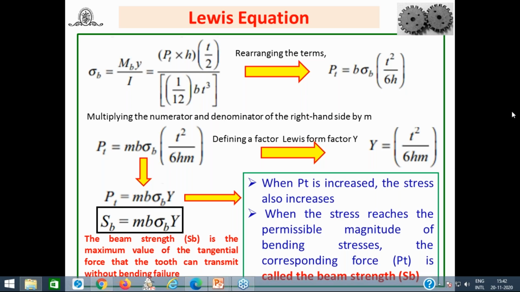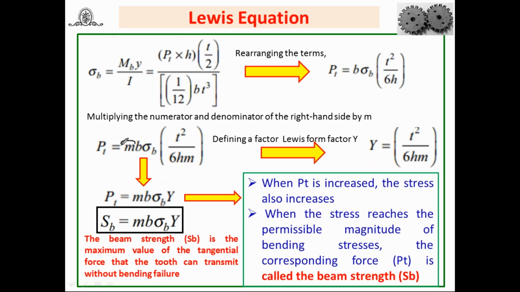PT is equal to b m sigma B in bracket t square upon 6hm. What we did here is multiply by m here, and here also it is multiplied. That means multiplied by m to the numerator and denominator. If you cancel, you will get the same equation.